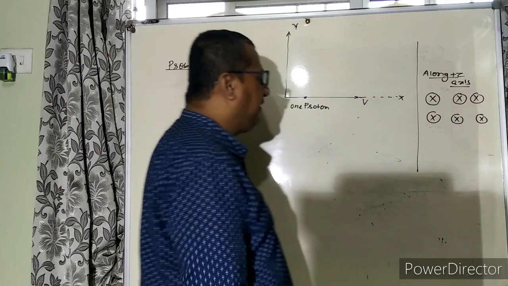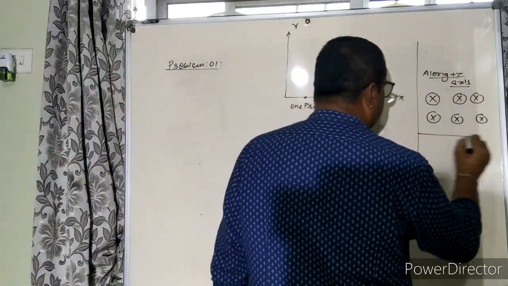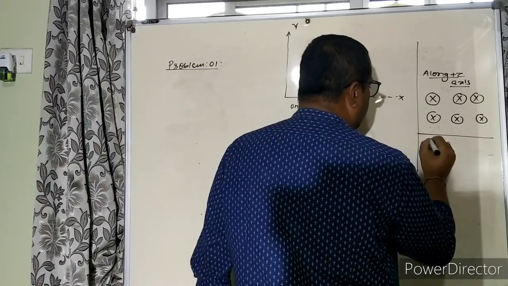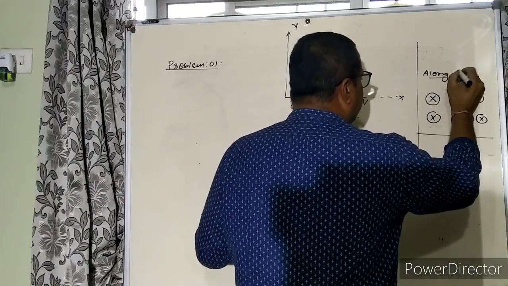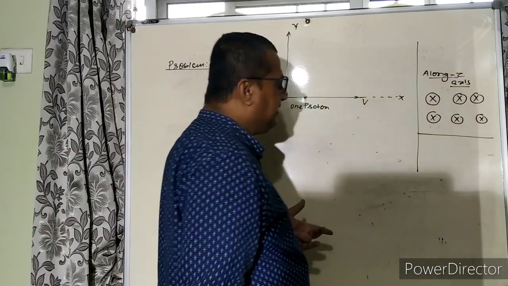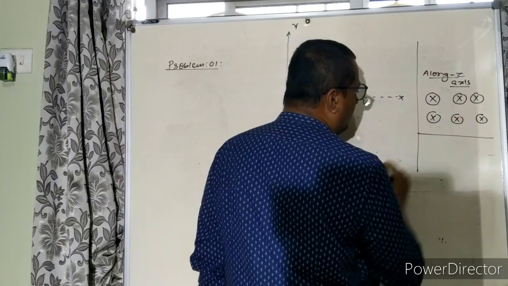This is the uniform magnetic field. And if the magnetic field is along minus z-axis, minus z-axis means inside, this will be a uniform cross.